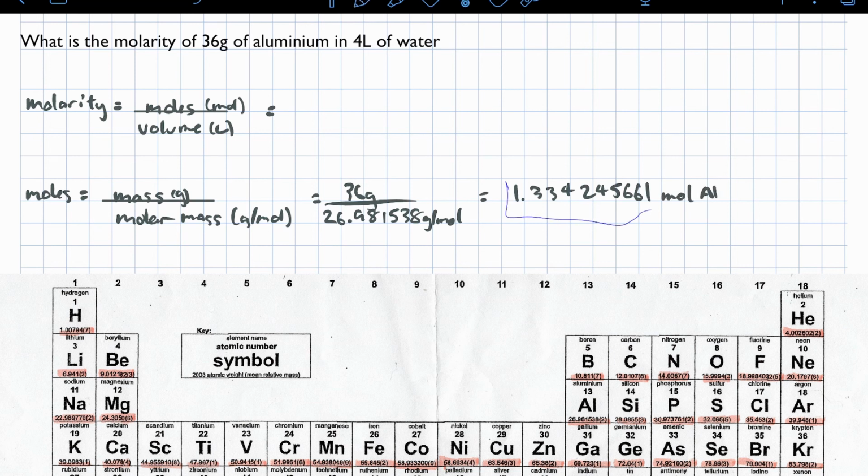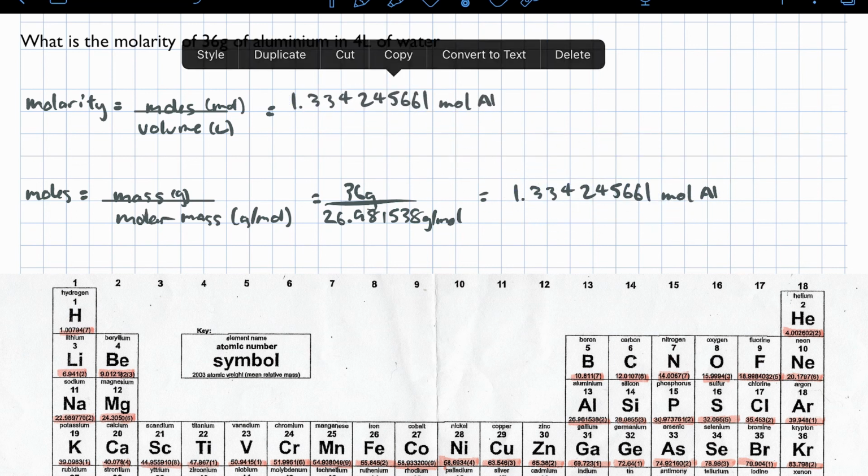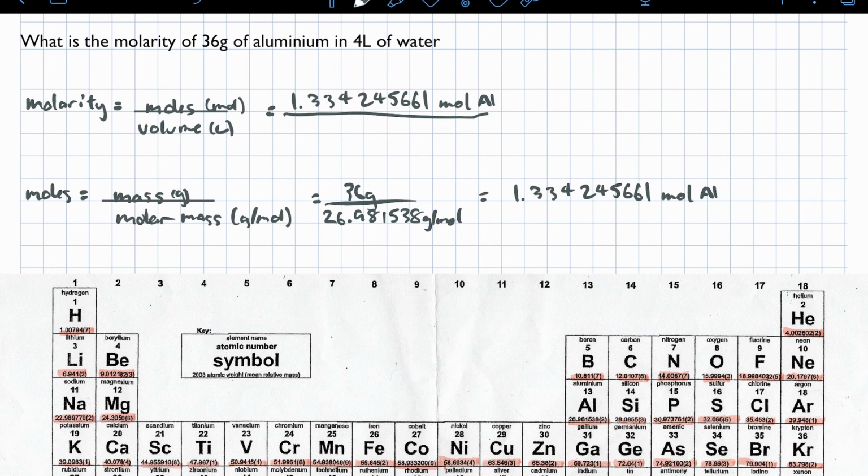So let's plug that in here. We have all that divided by 4 liters of water. It doesn't matter what it's dissolved into, it's just 4 liters. And your resultant should be a molarity of 0.33 M. I forgot to mention this before, but the unit for molarity is capital M.